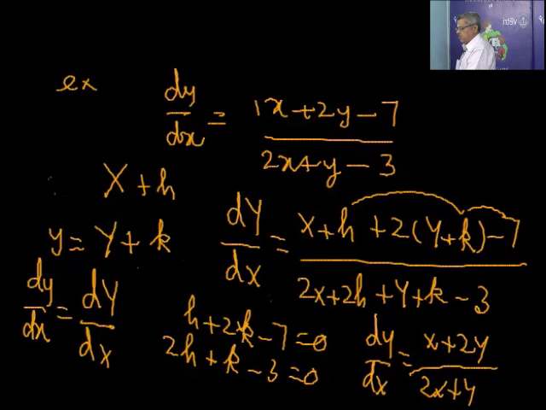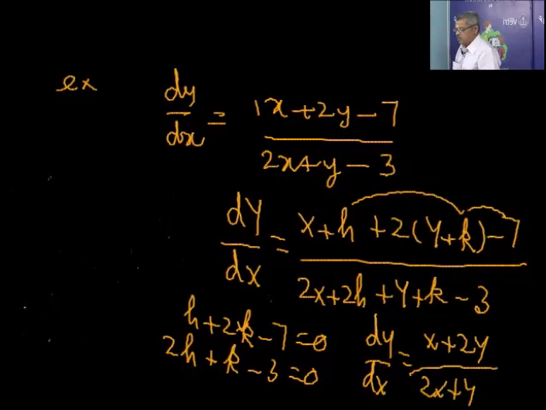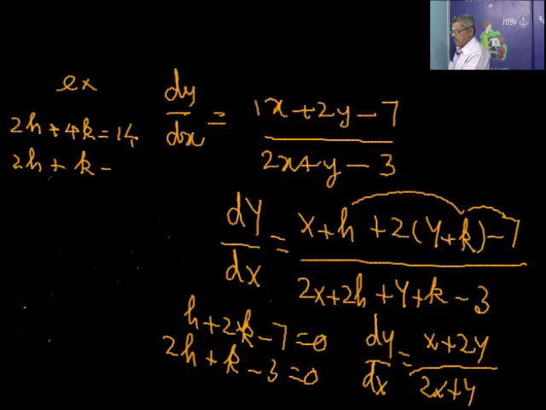Now I am doing it here so that you can have a very good understanding. Multiply the first equation by 2, you get 2h plus 4k is equal to 2 times 7, 14. Write the second equation as it is, 2h plus k is equal to 3. Subtracting, you get 3k is equal to 11.